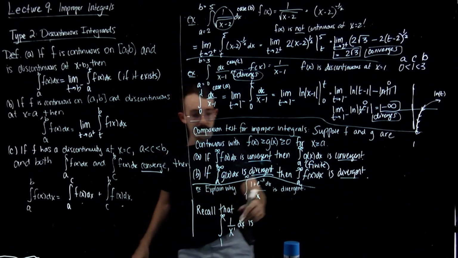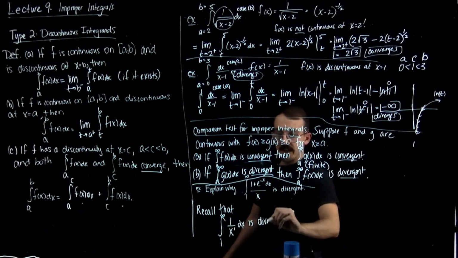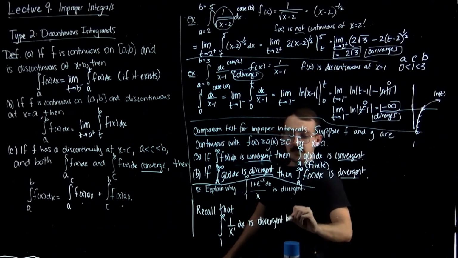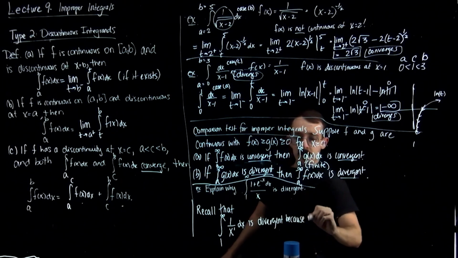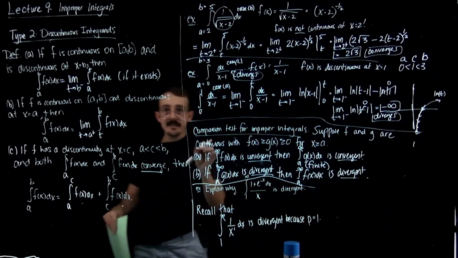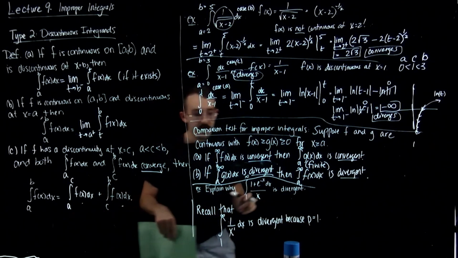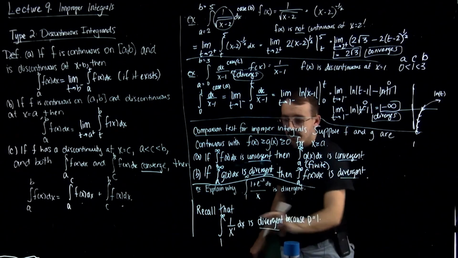This is called a p integral. Is this convergent or divergent? It's divergent because p equals 1. It's the p integral. Remember, p has to be greater than 1 for that to converge. So we know that this is a divergent thing.